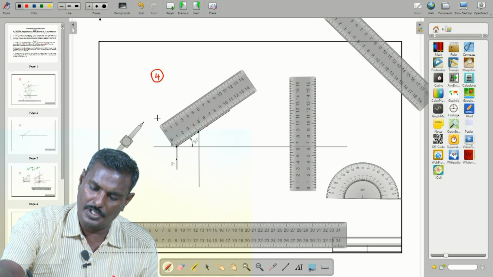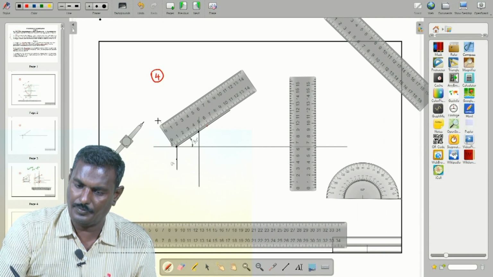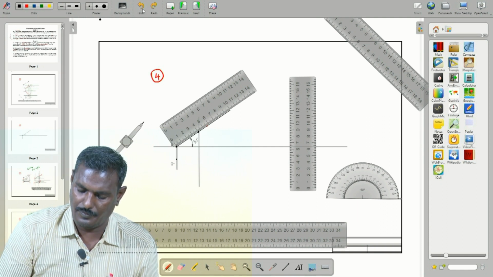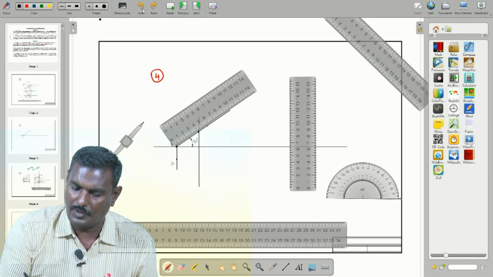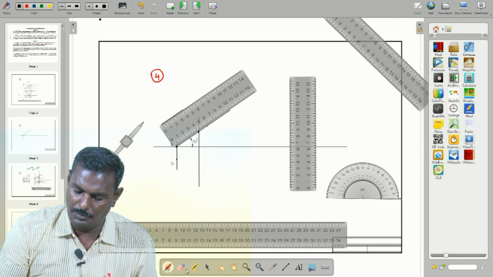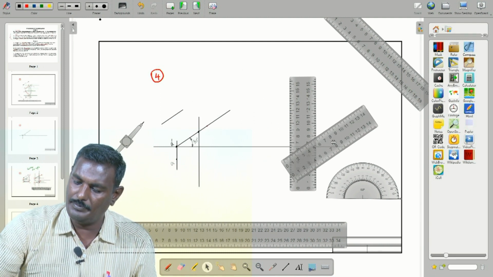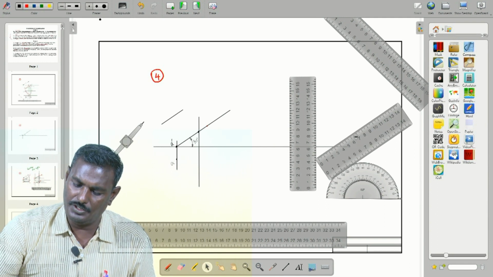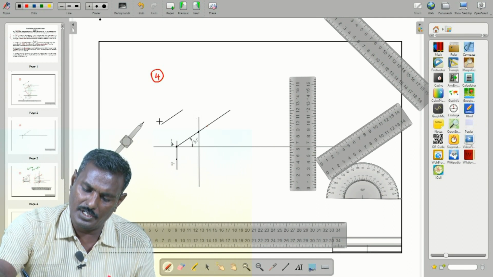Here we have to draw a parallel line up to 4 mm, then a perpendicular to that, which I roughly drew because it takes some time.